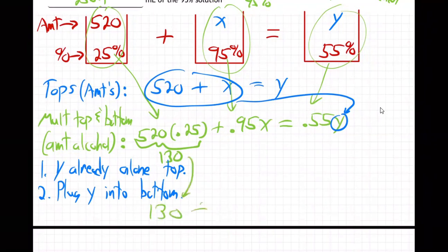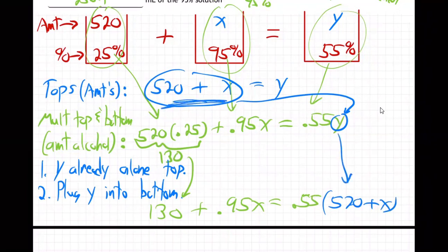We've already multiplied those. Plus 0.95x equals 0.55 times y. And what is y? 520 plus x, right? Because that first equation says that y equals 520 plus x, meaning y is the same as 520 plus x. So put in 520 plus x.